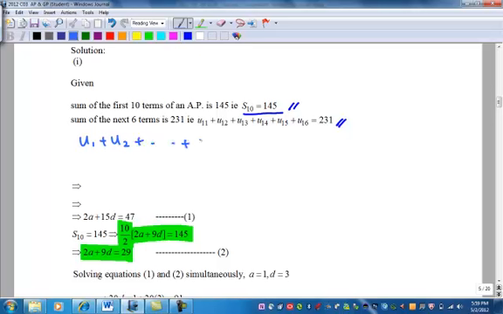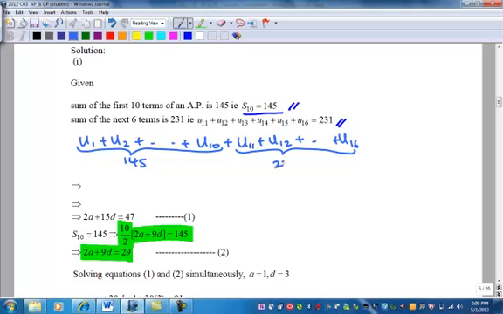So if we write the sum from the first term all the way to the 10th term, and we know that the sum from the 11th term all the way to the 16th term is 231, we can combine these two sums to form the sum of the first 16 terms. Knowing that the sum of the first 10 terms is 145 and the sum of the next 6 terms is 231, we have 145 added to 231 here.